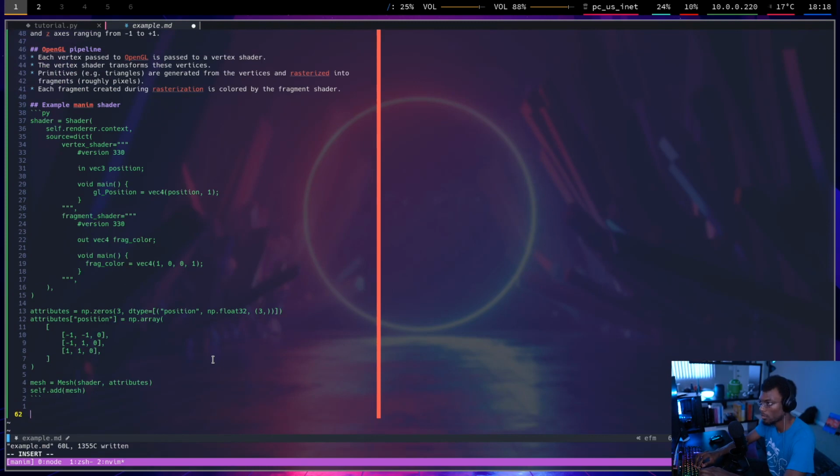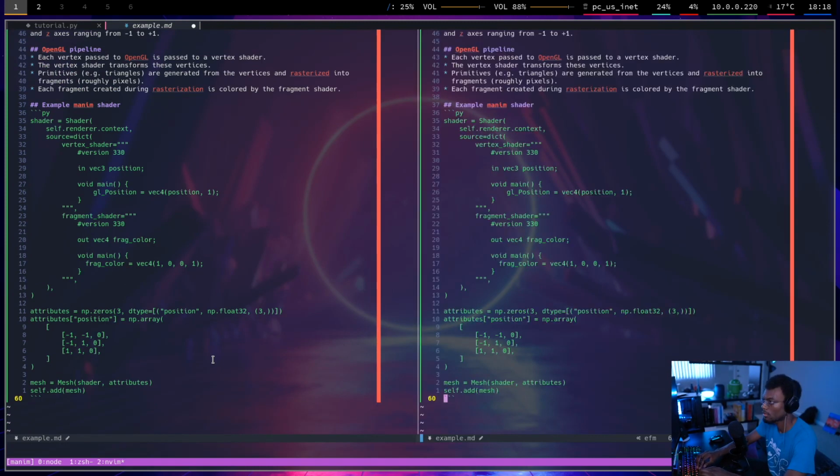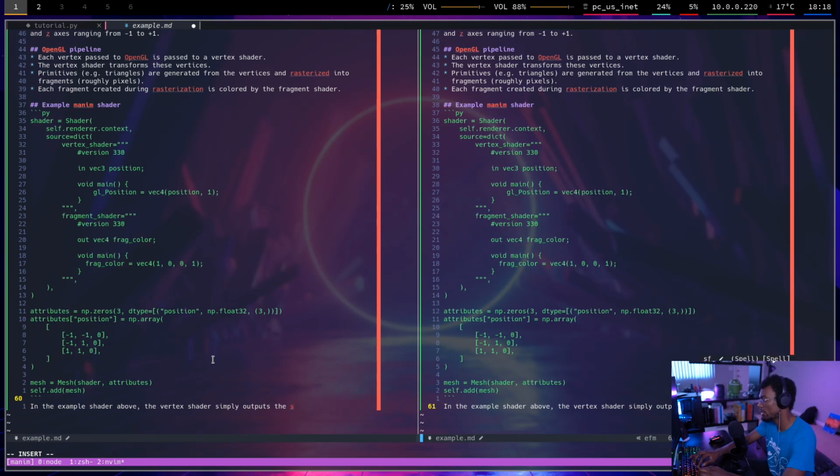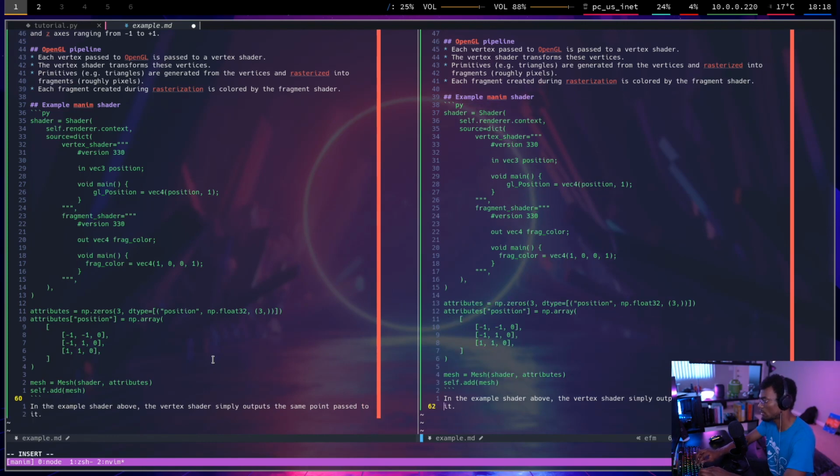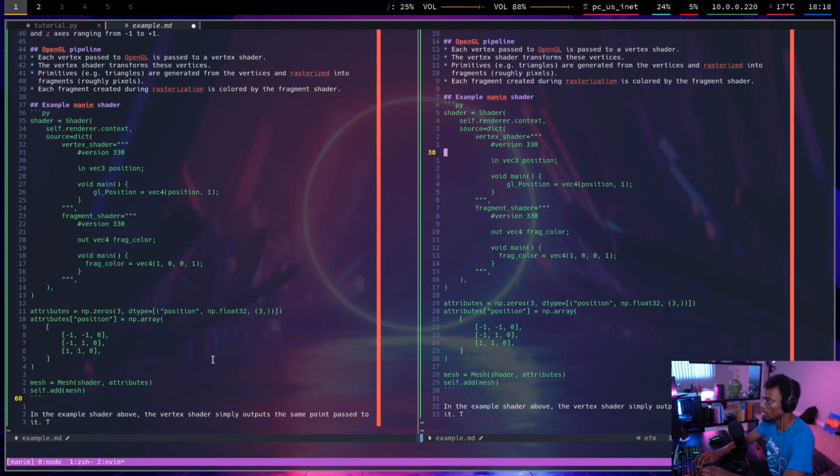Let me just copy it from here again. Okay, then I'll just walk through this. I'll say in the example shader above, the vertex shader simply outputs the same point passed to it. And then I'll just pull this out.